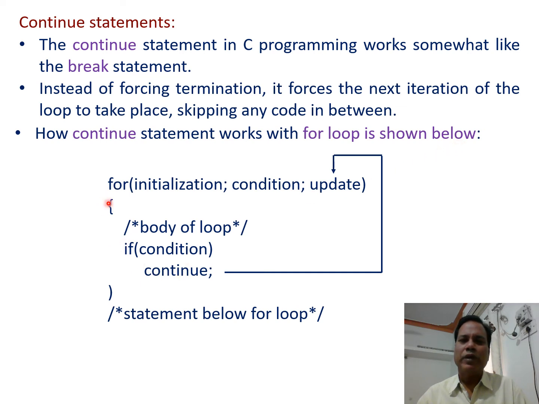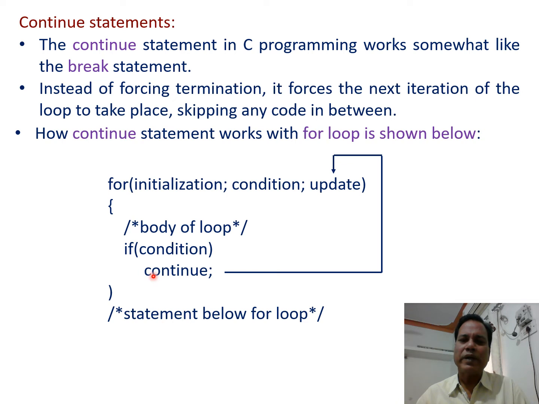So here we are observing a for loop for initialization, condition and update. Then within the body of the for loop, we can use the continue statement just like the break statement with an if statement.